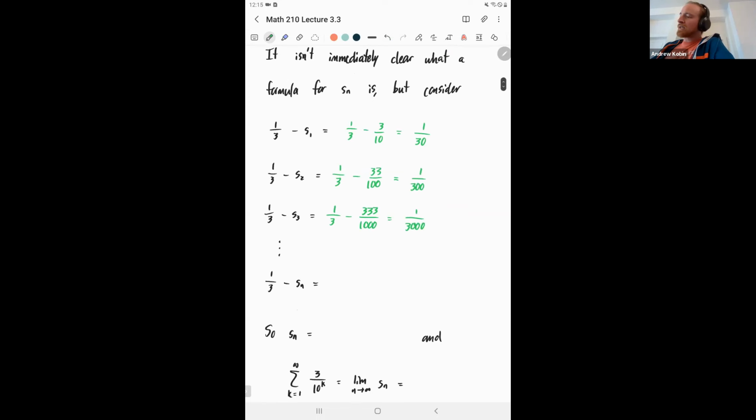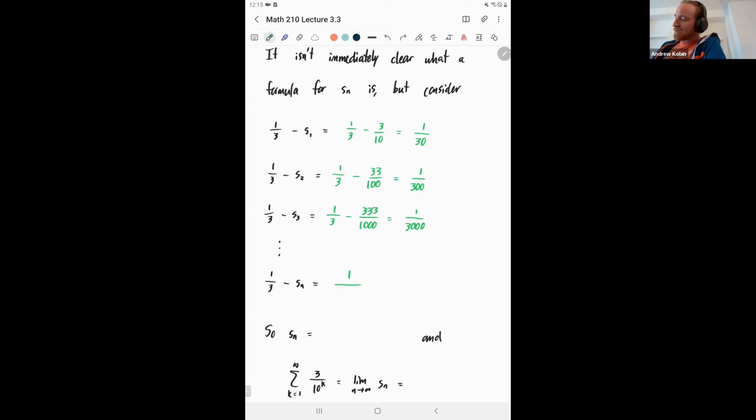Let's try to together write down the general formula for not Sn directly, but for right now, 1/3 minus Sn. You can think of this as the distance between our partial sum and the actual value of the series that we're after. So 1/3 minus Sn, it looks like is a 1 in the numerator, just looking at this column of values.